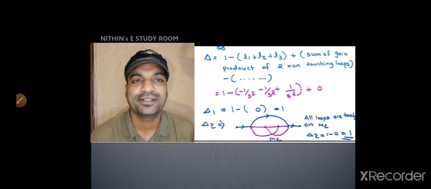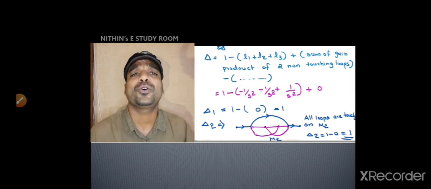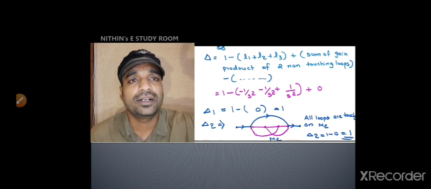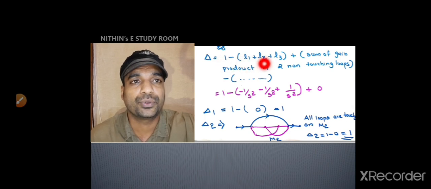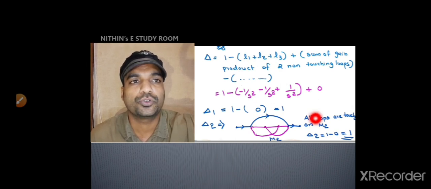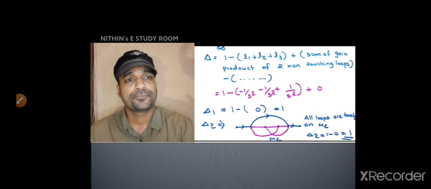So for the second forward path also, it is touching all the loops L1, L2, L3. So the only thing remaining in the delta equation is 1, because L1, L2, L3 all are touching the forward path. So delta 2 also becomes 0. All loops are touching on M2. So delta 2 is equal to 1 minus 0, that is also equal to 1.